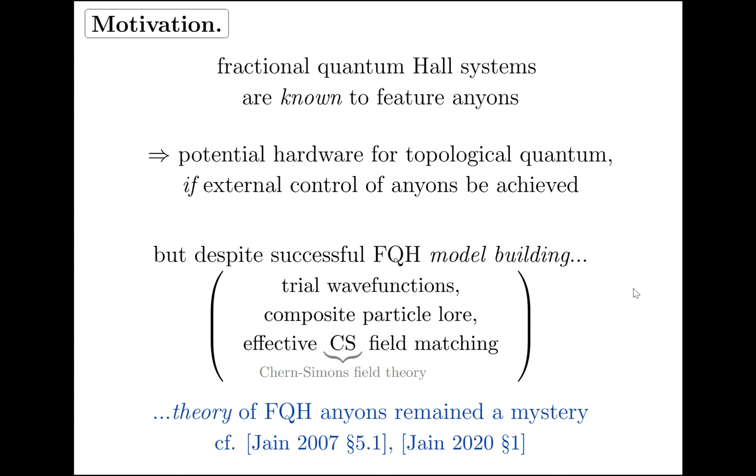One author who very vocally amplifies this point is Ananda Jain, and in his two books he has sections titled The Mystery of FQH model building. There is no theory available, or was no theory available, for how to go into the non-perturbative regime and understand why that system would rearrange itself to form specifically the kind of anions that one observes.